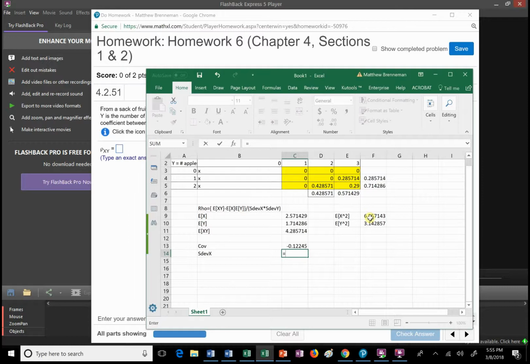This is equal to the expected value of x squared minus the expected value of x quantity squared, and standard deviation of y is going to be equal to the expected value of y squared minus the square of the expected value of y.